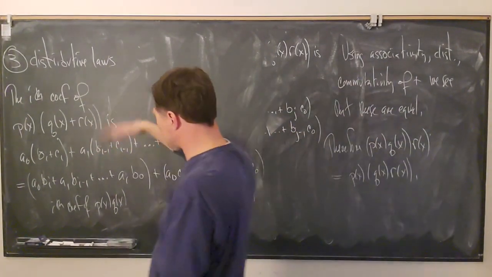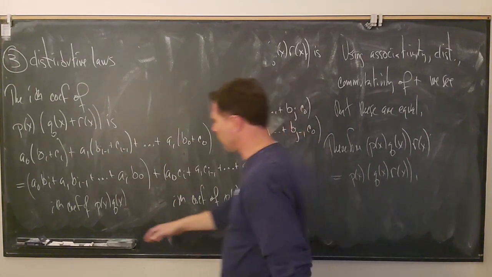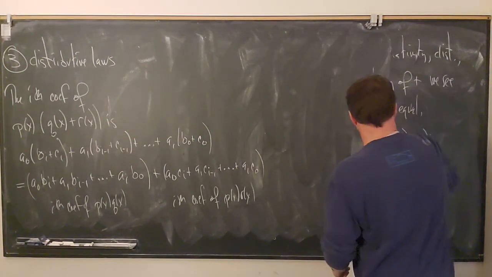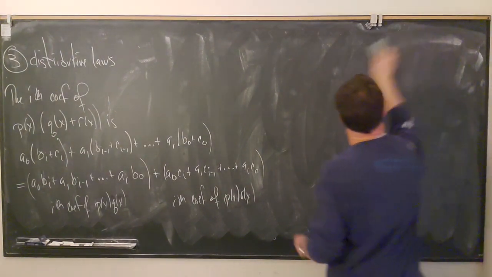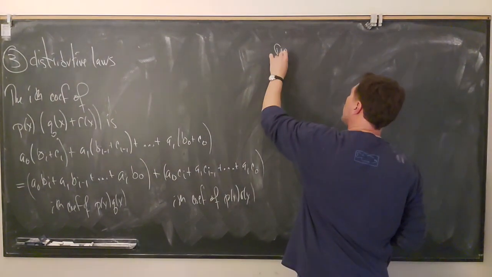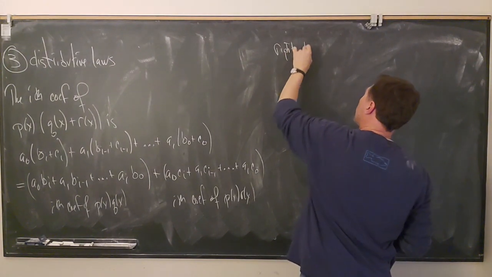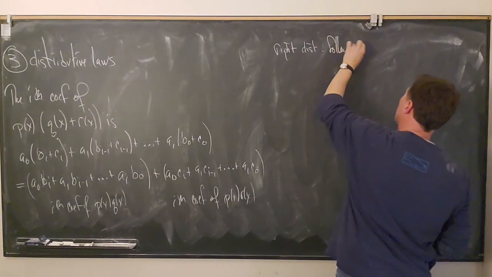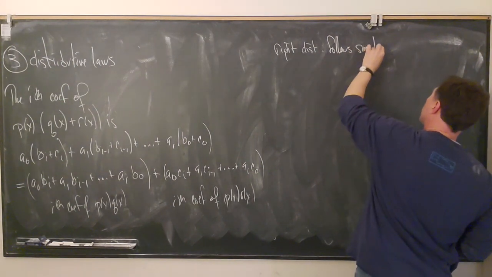And that was the left distributive property. The right distributive property follows similarly.